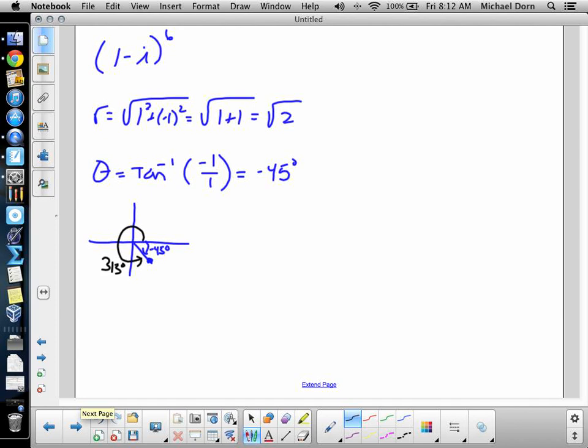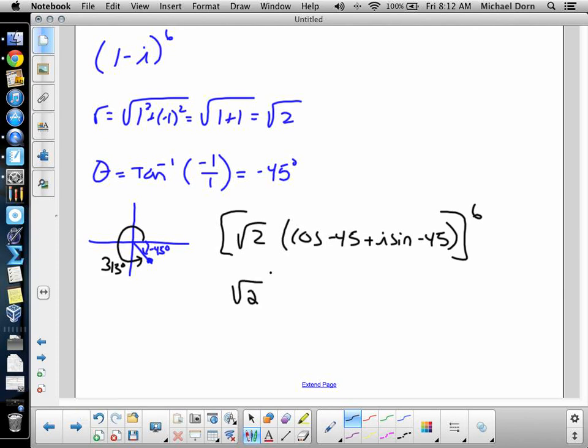And so in polar form, this is root 2 times cosine negative 45 plus i sine negative 45. We're going to raise the whole thing to the sixth power, which means that's root 2 to the sixth times cosine 6 times negative 45. 6 times negative 45 is negative 270.